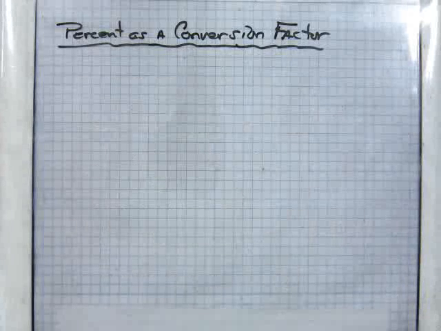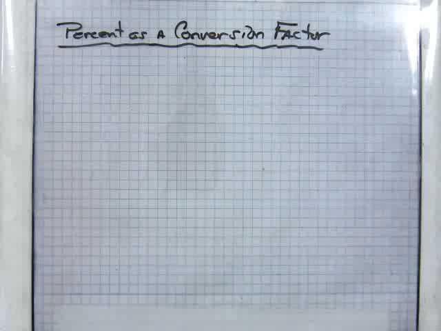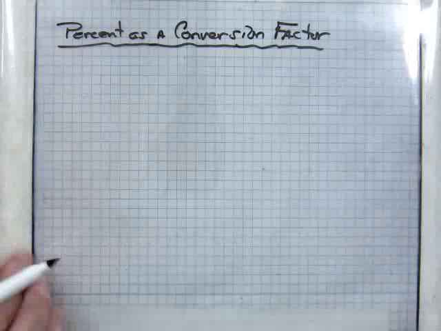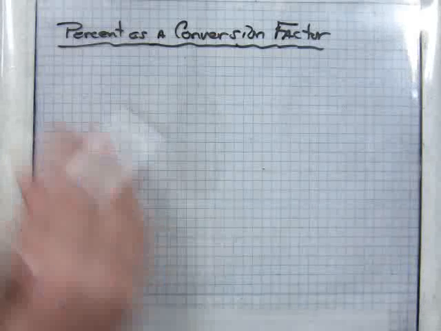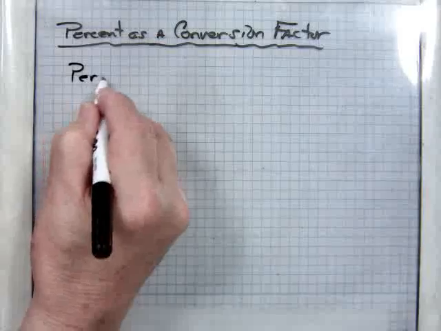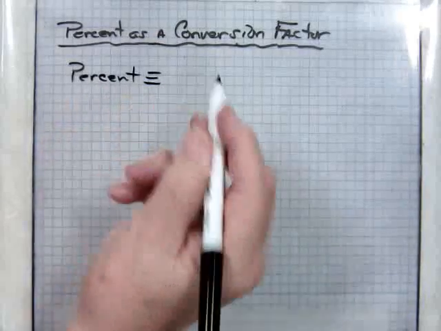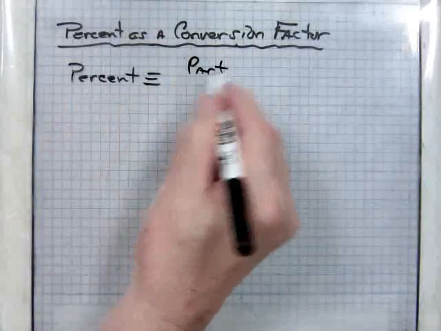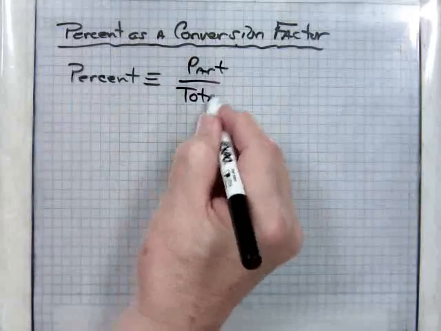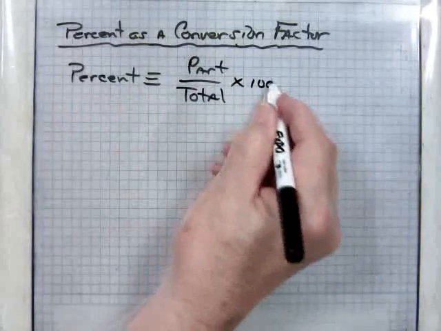I want to begin by defining percentage and then saying something about what you should think about when you see a percent in a chemistry problem or whatever kind of problem you see it in. Percent, by definition, is part over total times 100%.